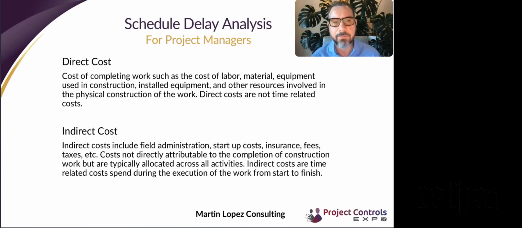Direct costs are more related to physical works, to the physical resources or expenses to place concrete or to excavate, for example. Indirect costs are those items that are, for example, insurances, startup of the project, your engineers, your offices, and other expenses that are related to time, not necessarily to placing work in the field.